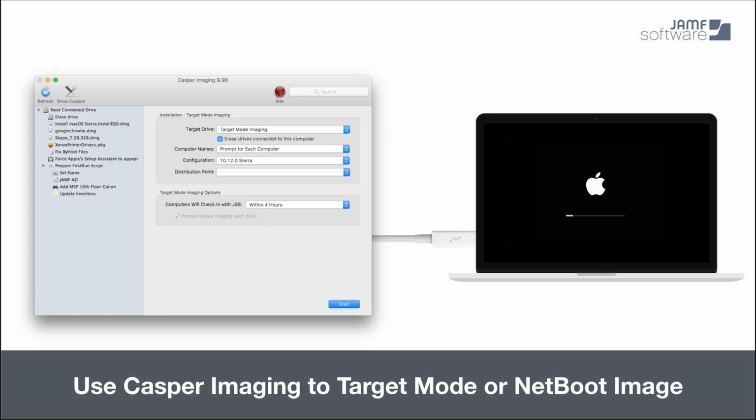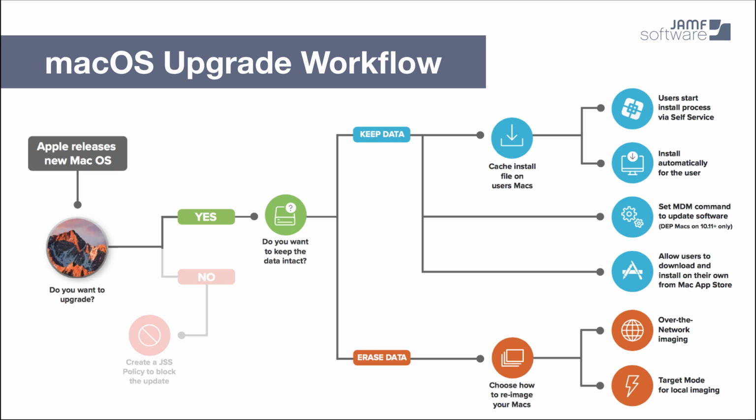And we can see all the different components of that on the left. There's the Sierra installer, there's Chrome, Skype, and the printer drivers. I can then start plugging in as many Macs as I want and just re-image them one at a time, or do a mass update using NetBoot over the network. So that's it. That's the workflows for macOS.